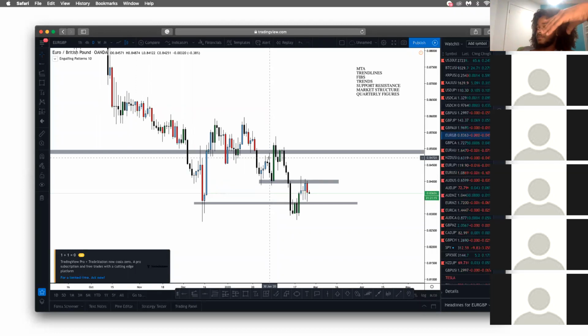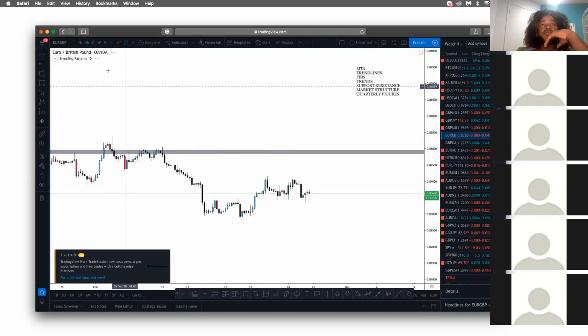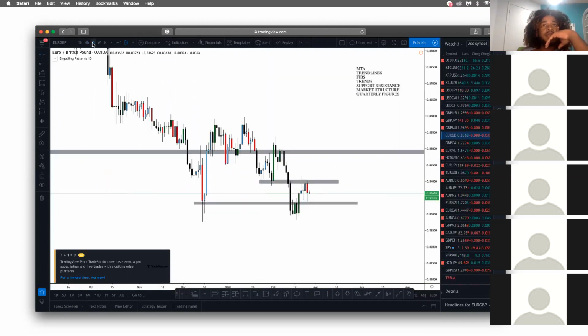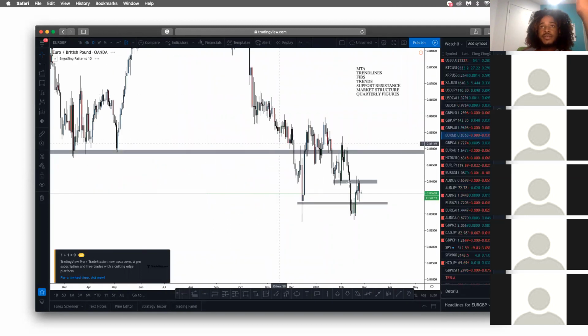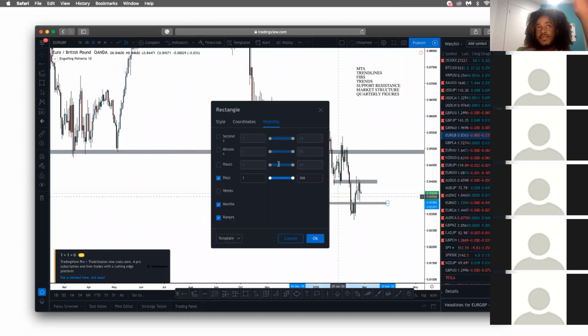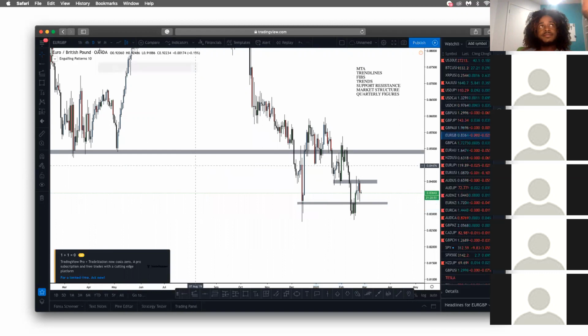So we know, okay, the levels are valid, but obviously a reaction is not enough to place a trade. So if you're a higher time frame trader, you'd probably stick to the monthly, weekly, daily. But if you're an intraday trader, you could go down even further to the 4 hour and 1 hour, right?